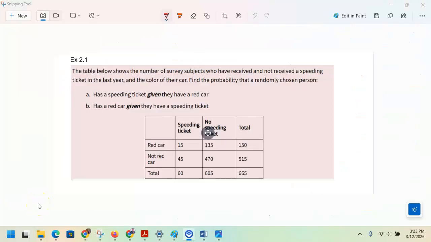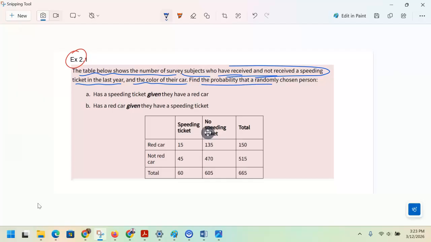Okay, now the next problem is this one. It says a table shows the number of survey subjects who have received and not received a speeding ticket in the last year, and the color of their car. What is the probability a person is selected? This one gives you a two-way contingency table.